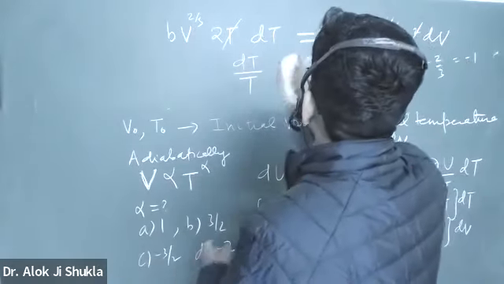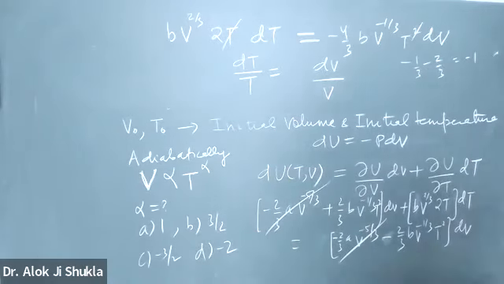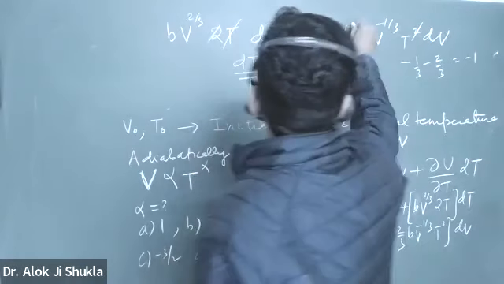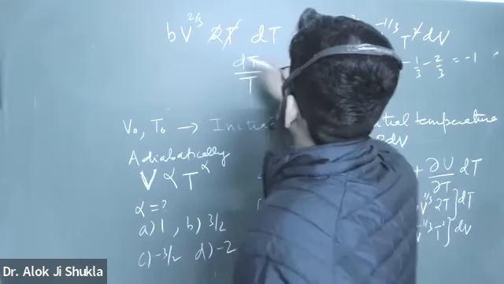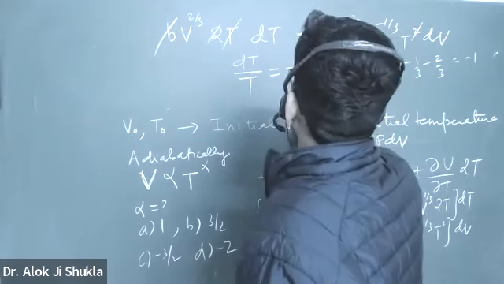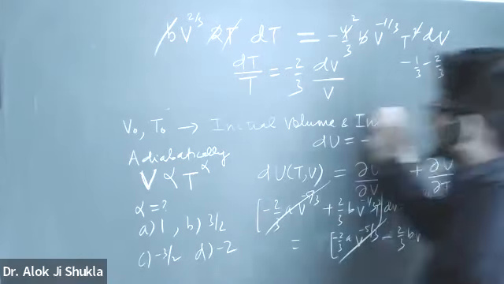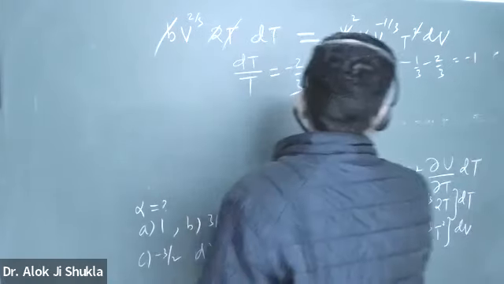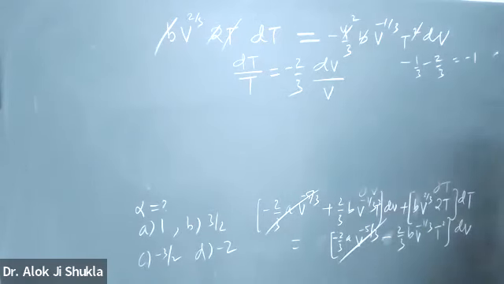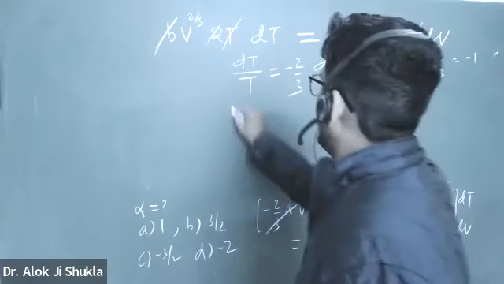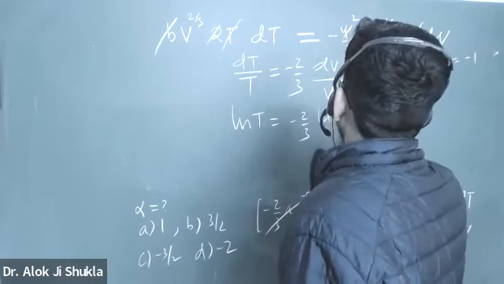And what will be here is equal to 2 by 3 minus 2 by 3. 2 and 2 cancel, b and b cancel, minus 2 by 3. Integrate it. Log t equals minus 2 by 3 log of v plus k.